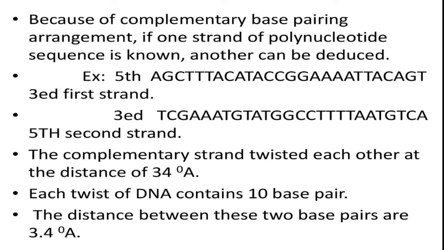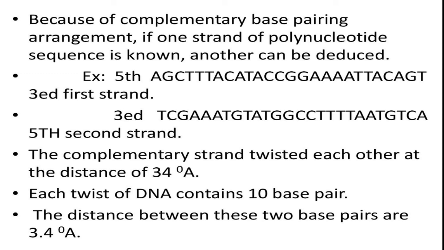Because of the complementary pairing, if one strand of a polynucleotide sequence is known, we can deduce the other sequence. For example, if I mention the 5' strand, you can easily find the 3' strand. A is complementary to T, G is complementary to C, and C is complementary to G. Similarly it goes on. So when one strand sequence is known, we can easily find out the other strand sequence.